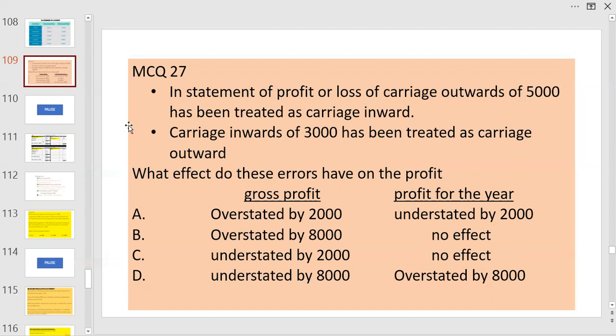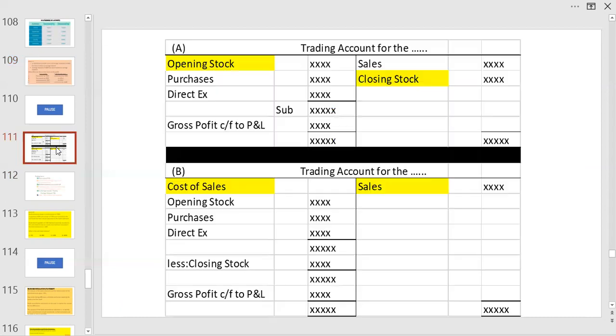Now what happens is in this account, if you see, an amount of 5,000 has been put here, which is not supposed to be here. So if you put 5,000 here, the total of this will be more. If it is more, this will become less. It is understood, no? When we put 5,000 here, then this total will become more. Therefore, the balancing figure will have to be less. So it means gross profit will become less.